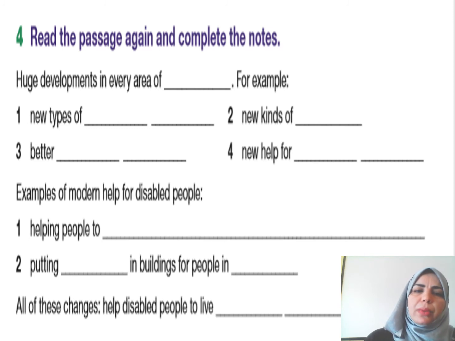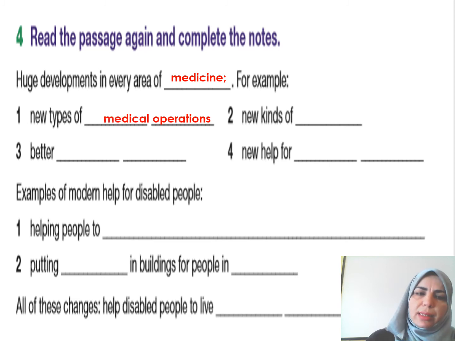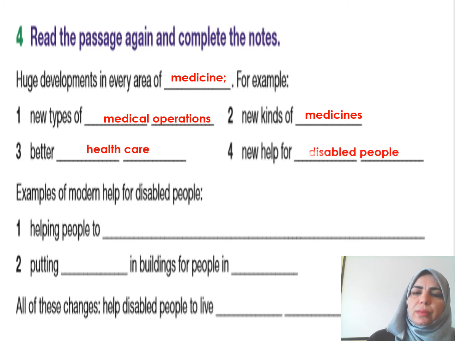Okay, number 1, huge development is in every area of, yes, medicine. For example, new types of, yes, medical operation. Number 2, new kinds of, yes, medicines. Number 3, better health care. Number 4, new help for disabled people.